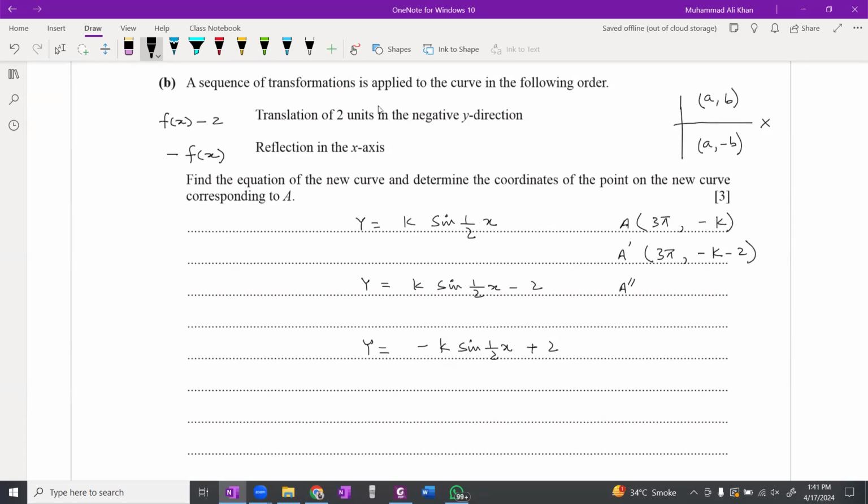So x remains the same and the sign of y will change. So it will be k plus 2. These are the new coordinates of A, the reflected and translated coordinates. Hopefully, it is clear.